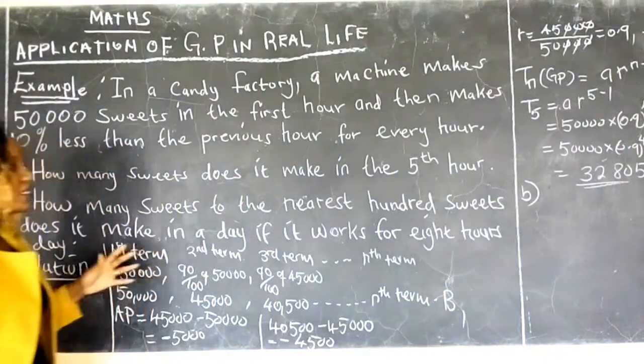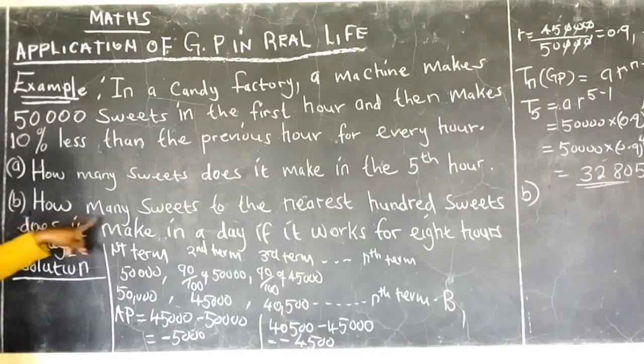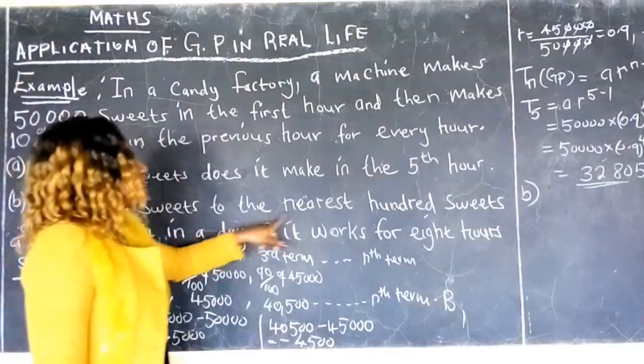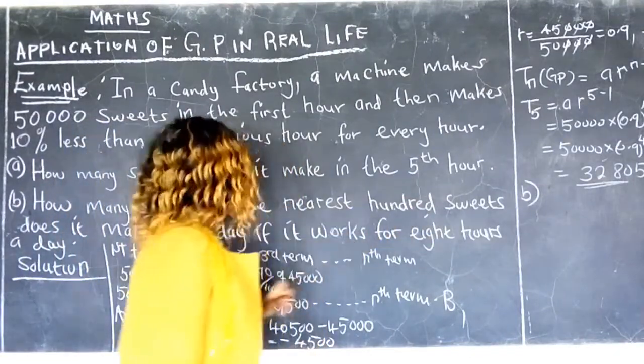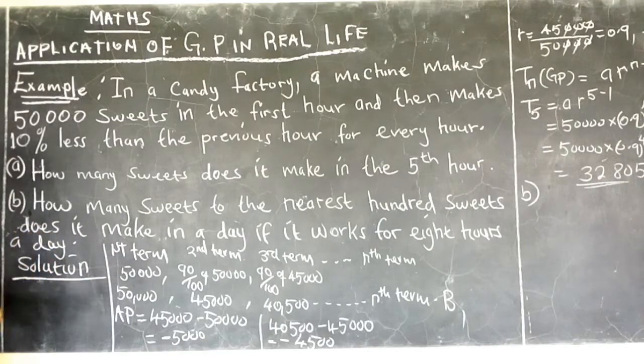So let us look at part 2 now of this question. We are asked, how many sweets to the nearest 100 sweets does it make in a day if it works for 8 hours?